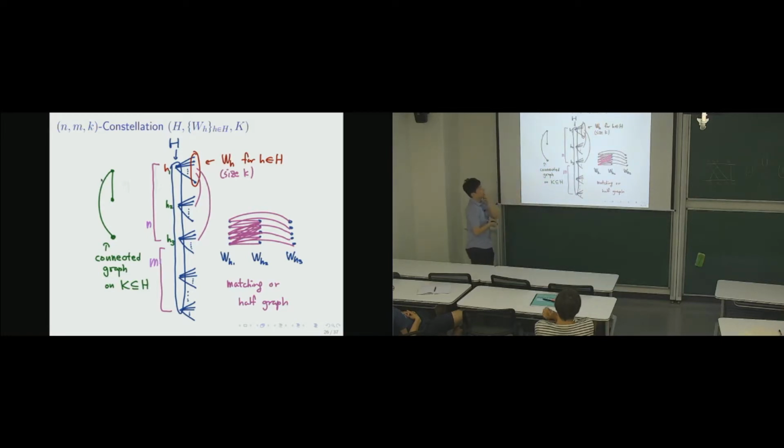What you know is that the construction tells that if there is an edge between them, the corresponding leaves are either a matching or a half graph. If you don't have an edge, then there are no edges between them. And for all the other pairs below, you don't have any edges between them.